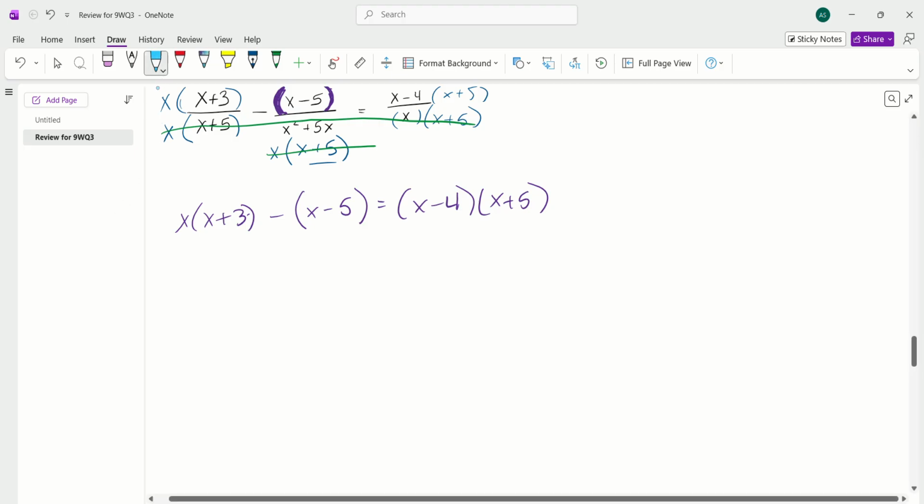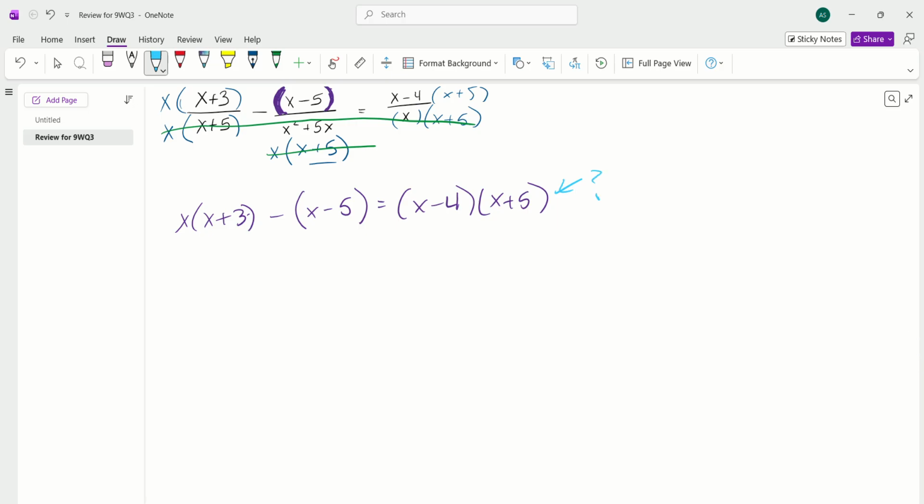You're going to think, what can I do to this? And you may come to the conclusion there's a whole bunch of stuff that you can distribute. So we're going to do all of that in one step. Okay, next I'm going to combine like terms on the same side of the equal sign.